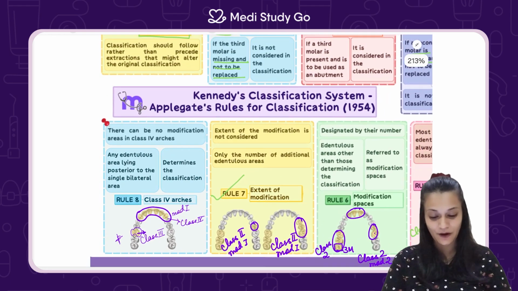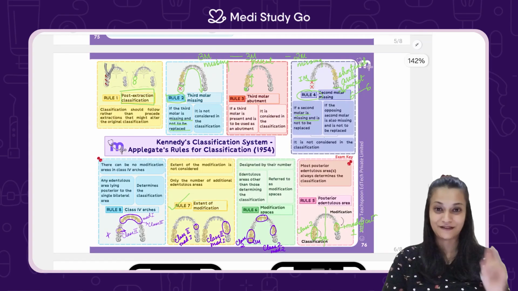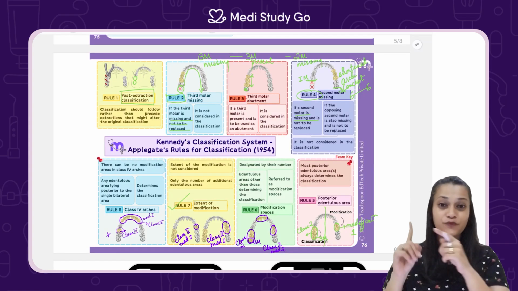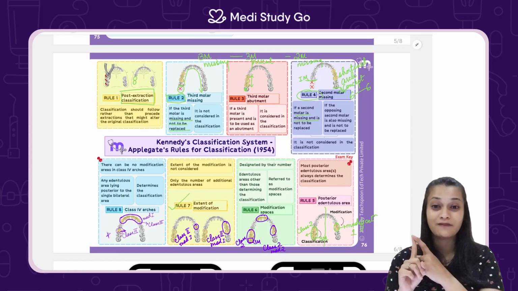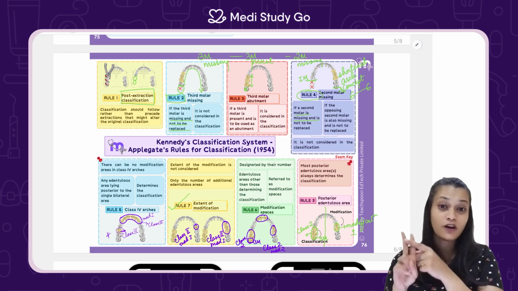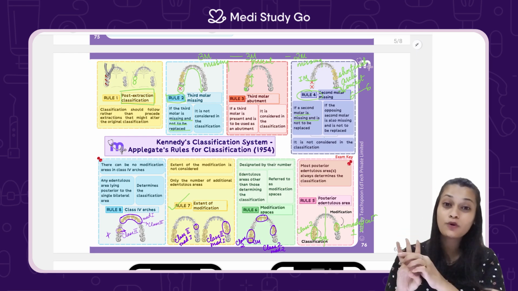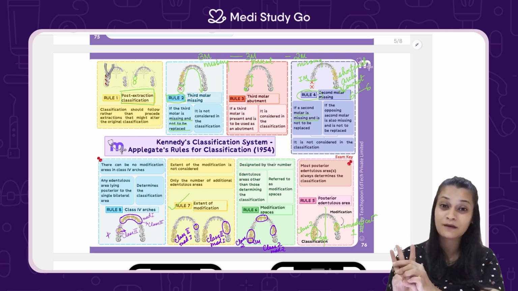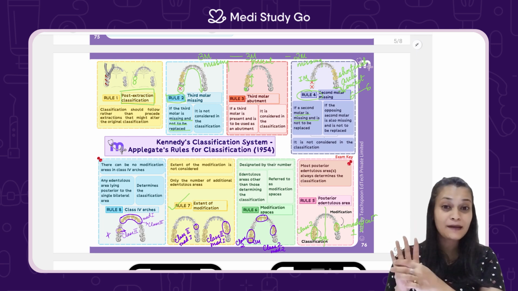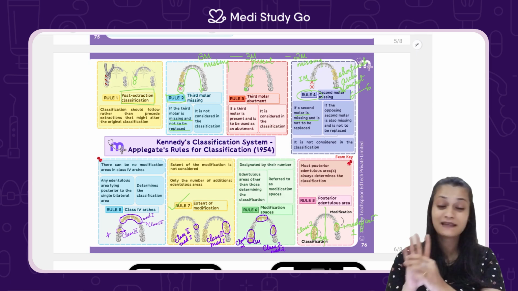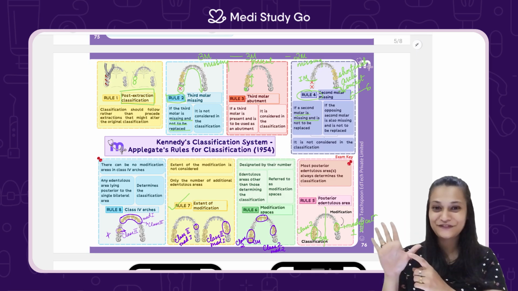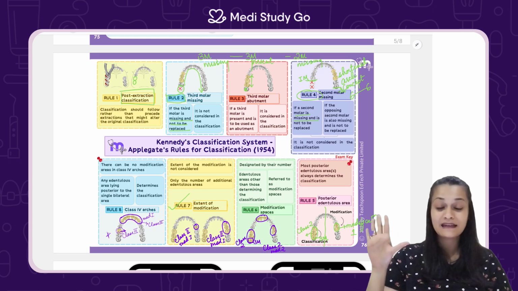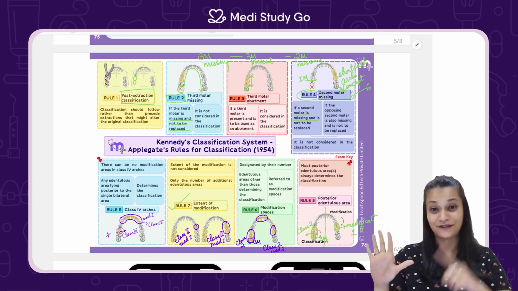So this was about your Kennedy's classification. Let's just quickly revise. First thing, so it is always after extraction. Third molar if missing and not to be replaced, don't consider. Third molar if present and to be used as abutment, consider. Second molar if missing and not to be replaced, don't consider. Fifth thing was most posterior space is going to be the determinant for your classification.